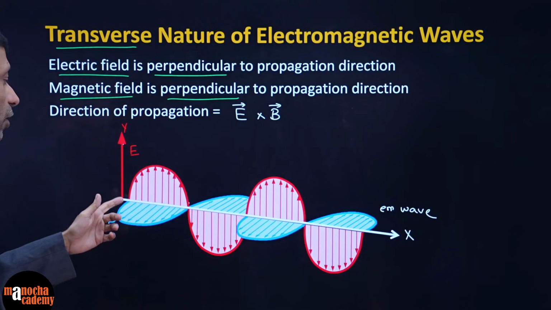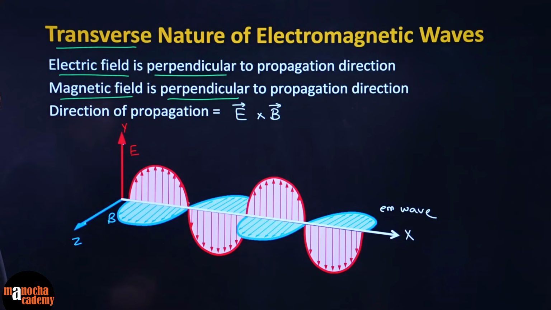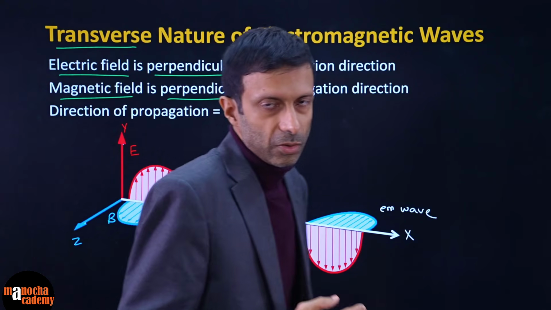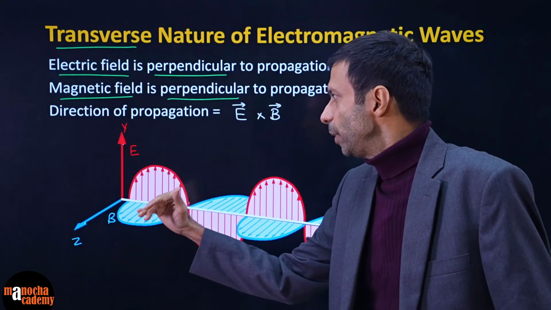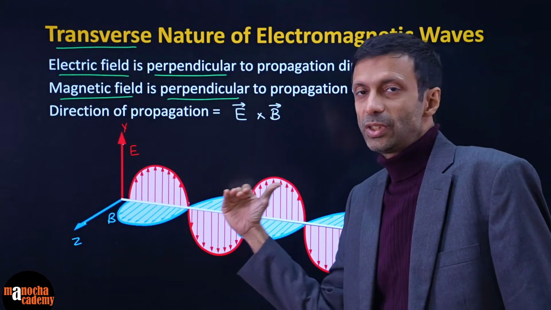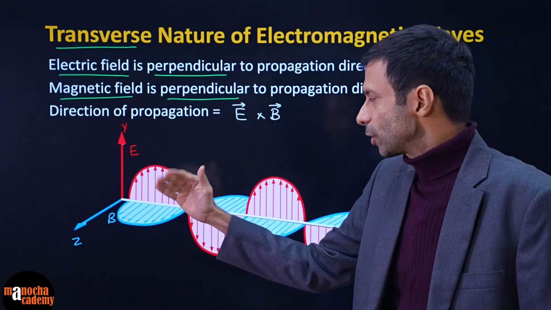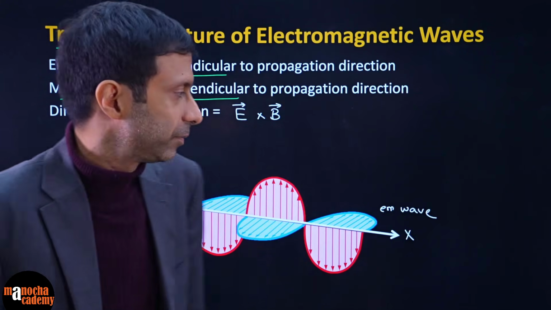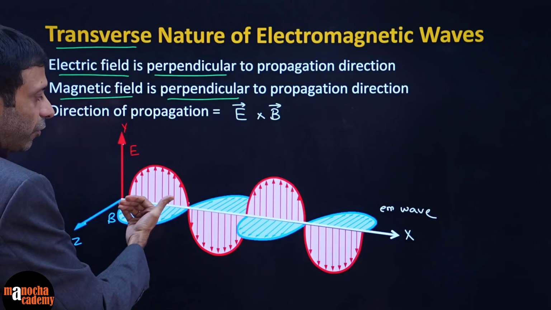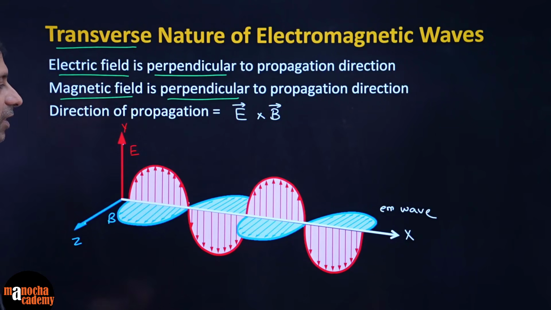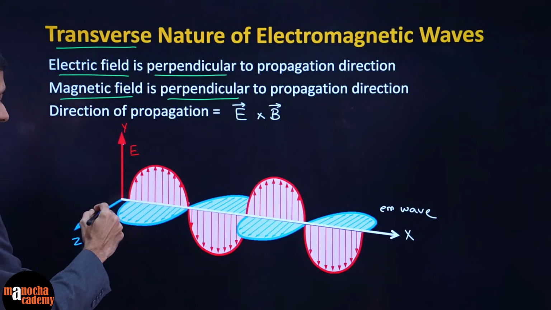So here if you check the cross product of E cross B, what will we get? When you are going from E to B, can you see, we are pointing in this direction, right? So you have to take a cross product from E to B. Okay. Cross product from E to B, it points in this direction. Clear?